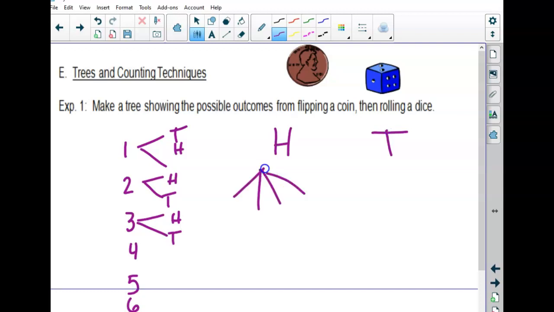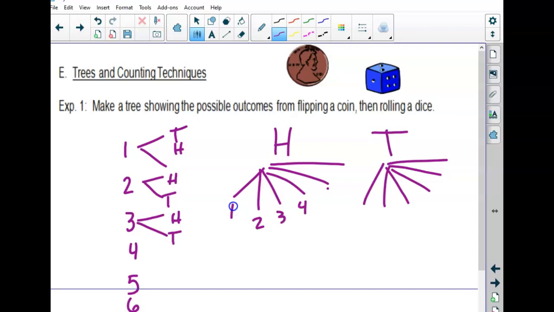off of those, I could roll 1, 2, 3, 4, 5, or 6. I don't know which is easier to do. I guess I feel like that second one is faster than going heads or tails, heads or tails.